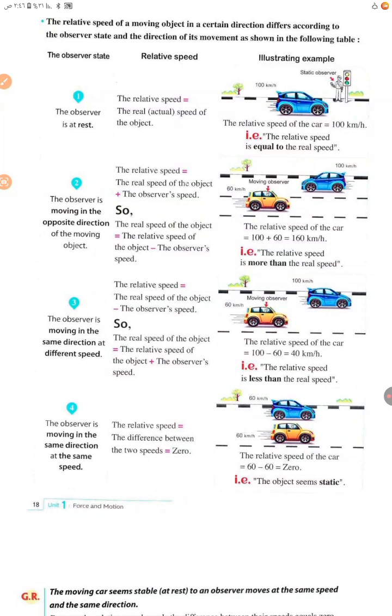So the real speed of the object equals the relative speed of the object minus the observer's speed. ومثال عليها, طرح الاثنين لأن هما الاثنين في عكس الاتجاه, يبقى السرعة النسبية تطرح الاثنين. مثال عليها, relative speed of the car, جمع الاثنين. وهو بيقول لي إن relative speed is more than the real speed, إن السرعة النسبية أكبر من السرعة الحقيقية.